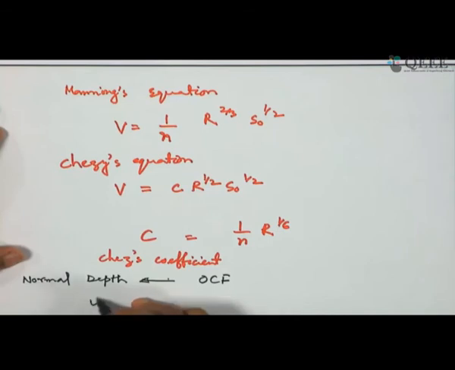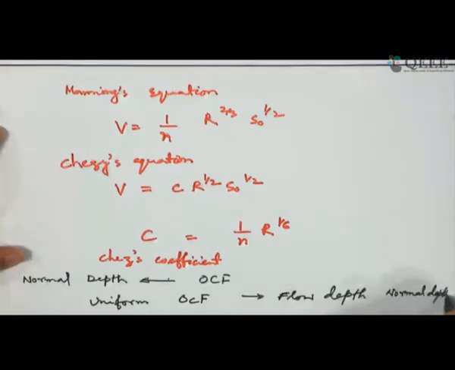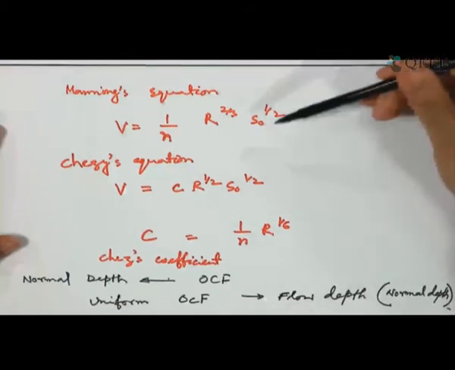In uniform open channel flow, the flow depth is termed as normal depth. So, for uniform flow, your flow depth is equal to normal depth. So, how to get the normal depth value?